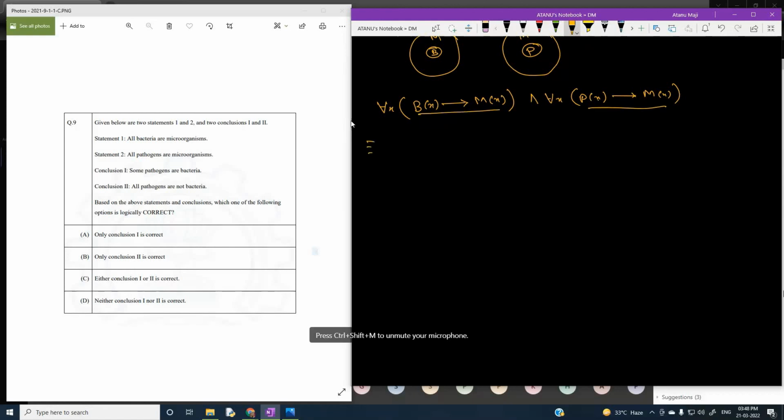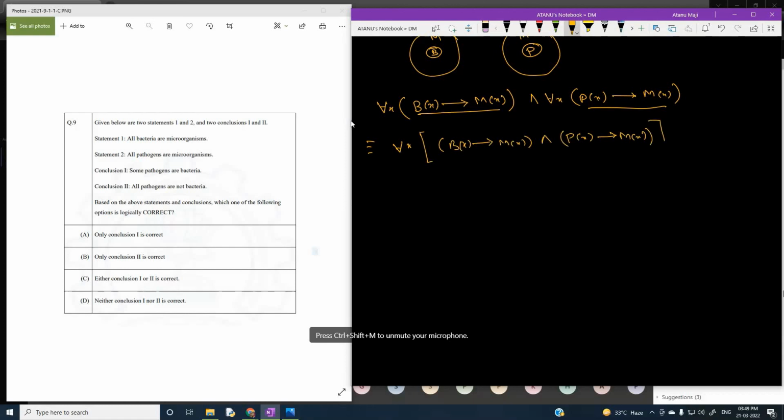So I can do that thing. This will be same as for all x, bx implies mx, conjunction px implies mx.